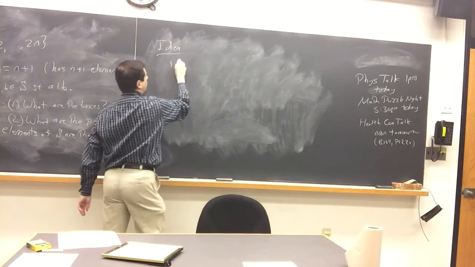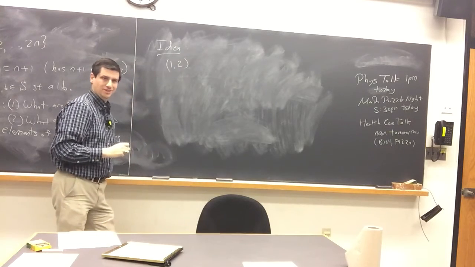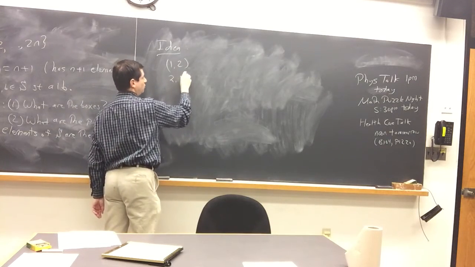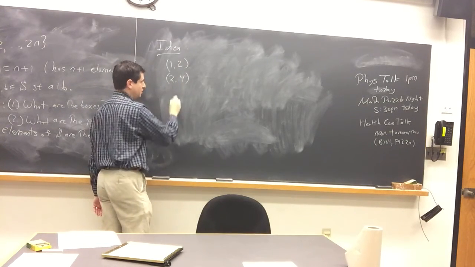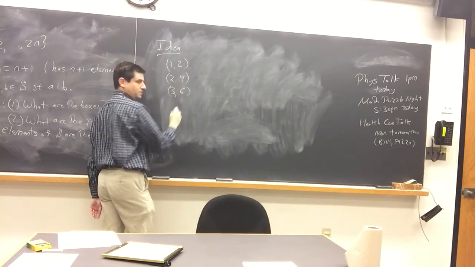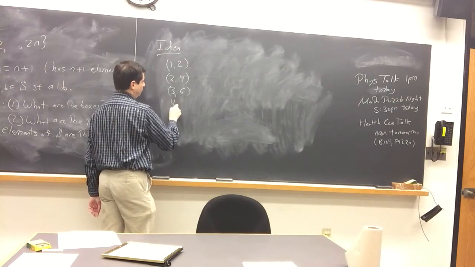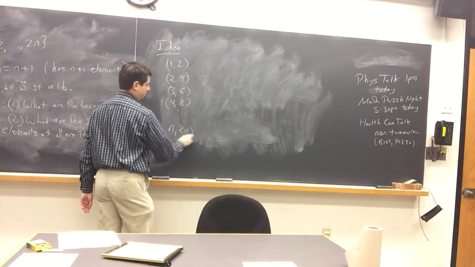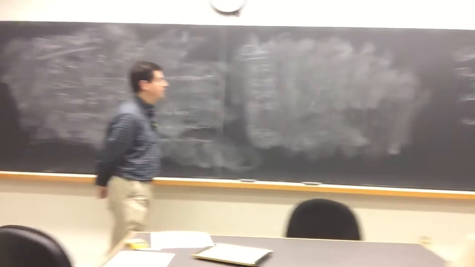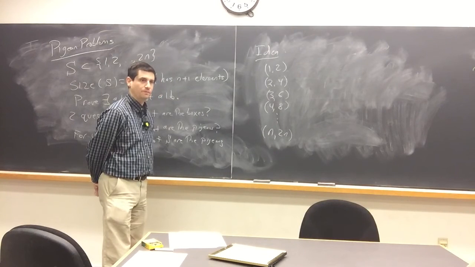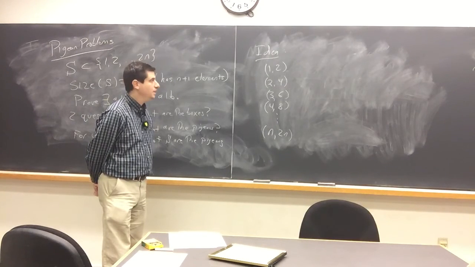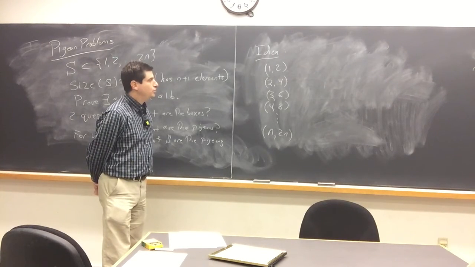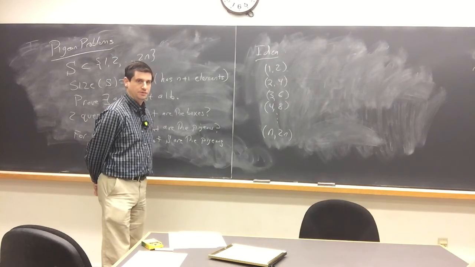So we would have 1 and 2, and then 2 and 4, 3 and 6, 4 and 8, all the way down to n and 2n. So we have n pairs, right? We can only choose one element from each pair.